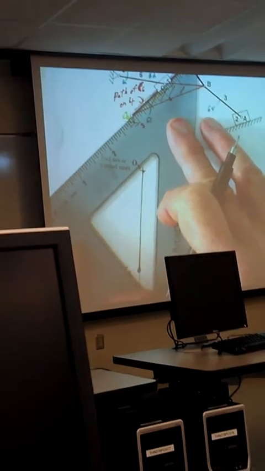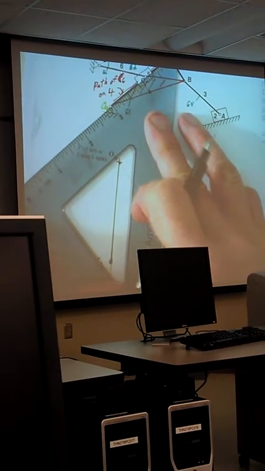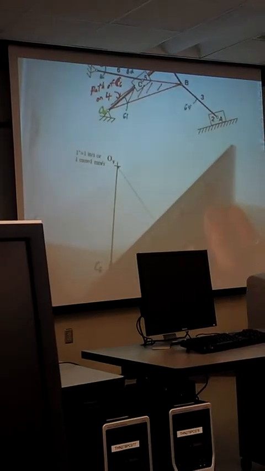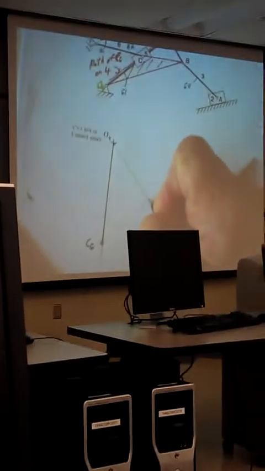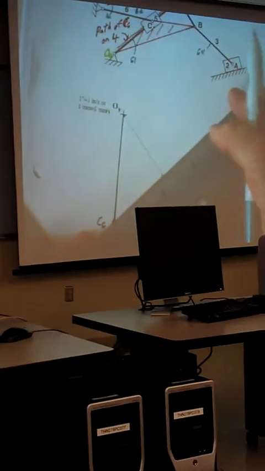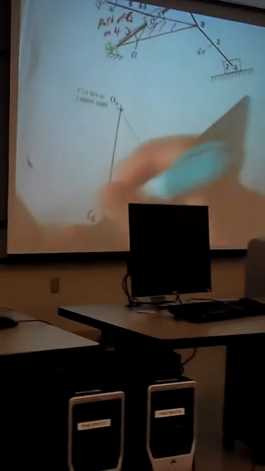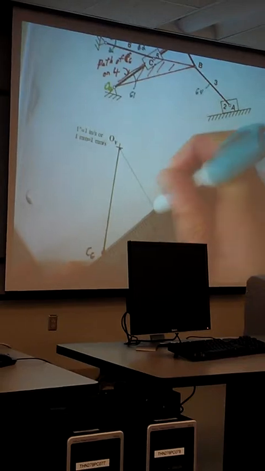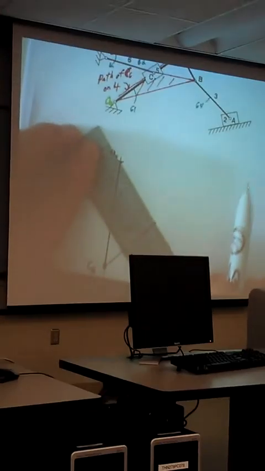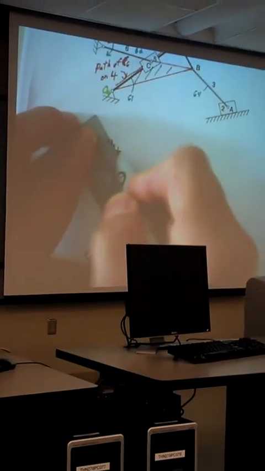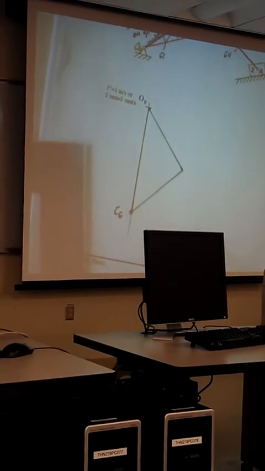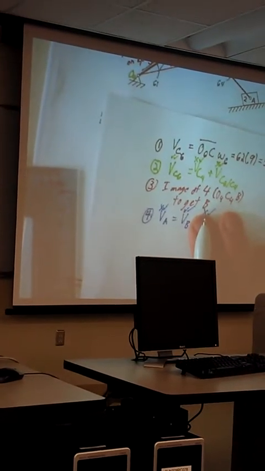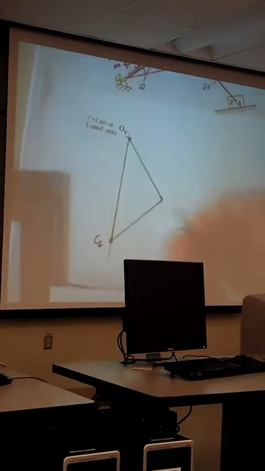We do a lot of perpendicular lines, but this is parallel to that path going through C6. And where those two intersect is right here. I'm going to make my lines a little heavier now. And the last thing that I need to do for this step is to label C4. So C4 is right here.